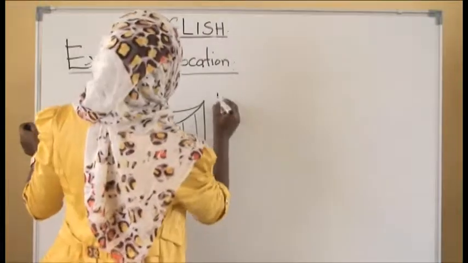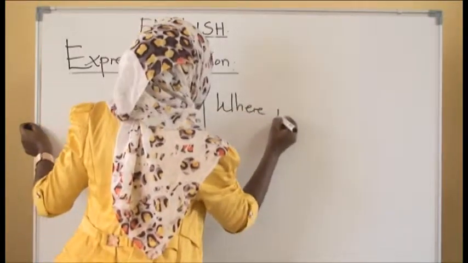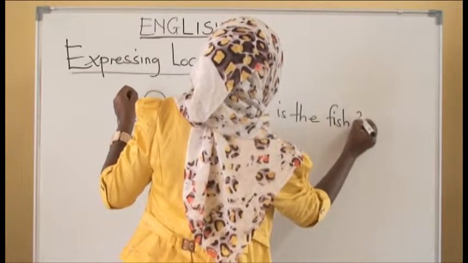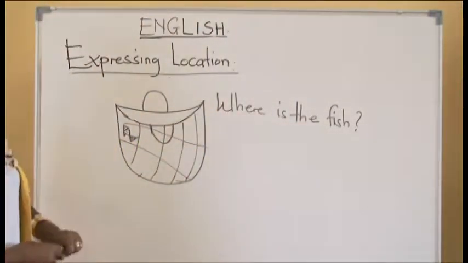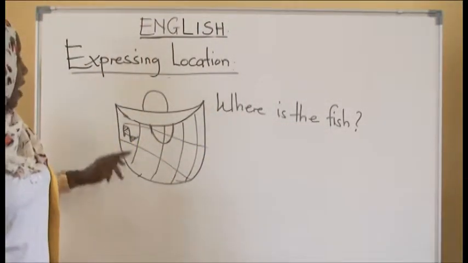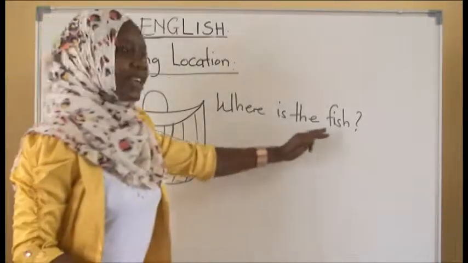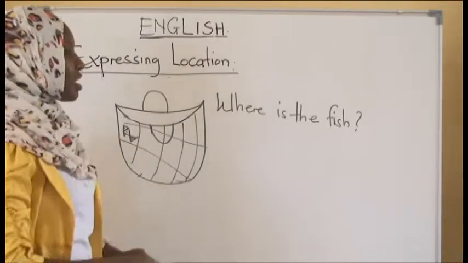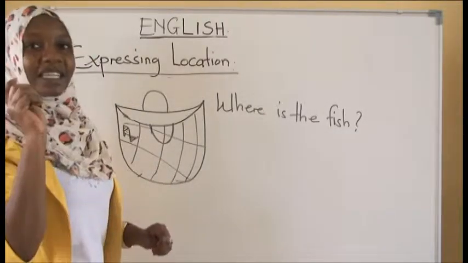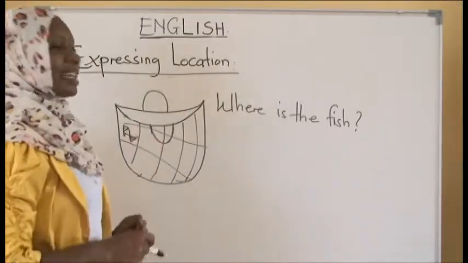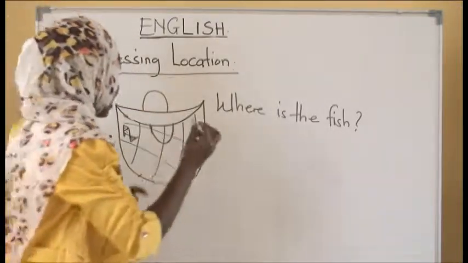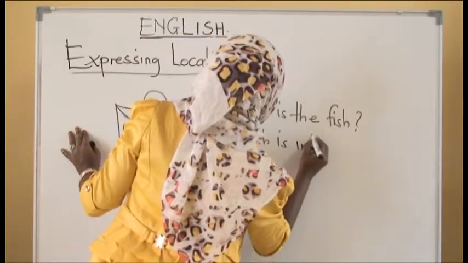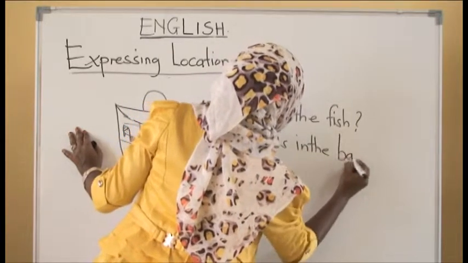And the question is here. Here in the basket, we have a fish, and you are asked, where is the fish? But in answering this kind of question, you are not going to say the fish is inside the basket. No, it doesn't make sense. But you are going to say the fish is in the basket, like this. The fish is in the basket.